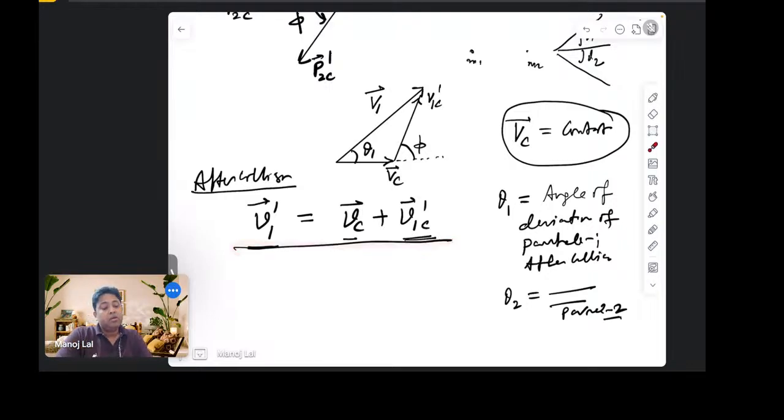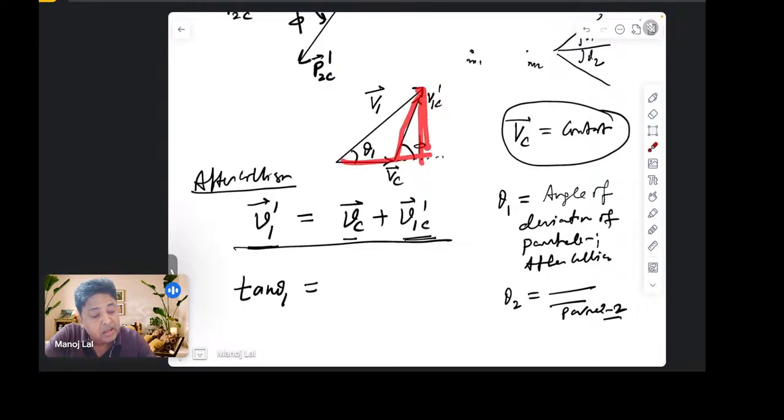If I use this parallelogram law, as you have gone through, you can write tan theta 1 is equal to this upon this. Yes or no? So what is this?